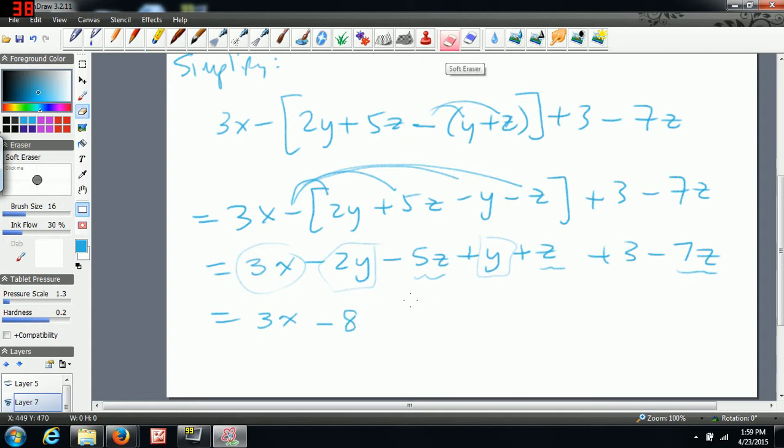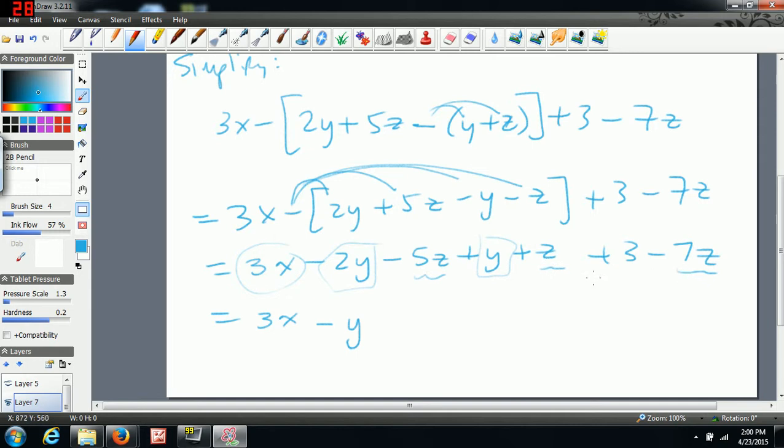So 3x, okay, now negative 2y plus y is going to be negative y. I don't see any other y there, so that's there. Now the z's, negative 5z plus z is negative 4z.